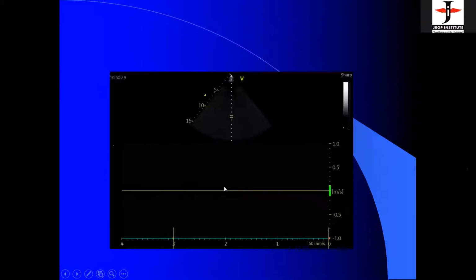Now, for example, this is just to show you, this is the baseline. These are the velocities in meters per second. This is the lower one, and this is the sample volume. That means you can see this cut, that is a sample volume. At the same place, the maximum velocity here is 1 meter per second, and this is 1 meter per second below it.